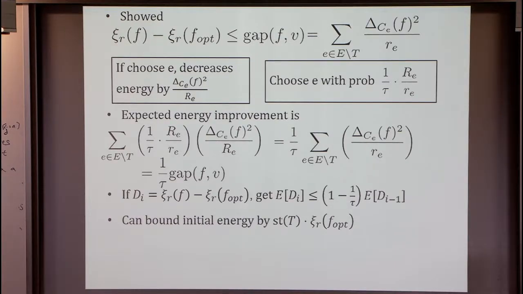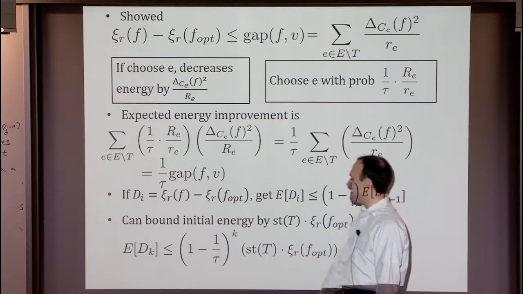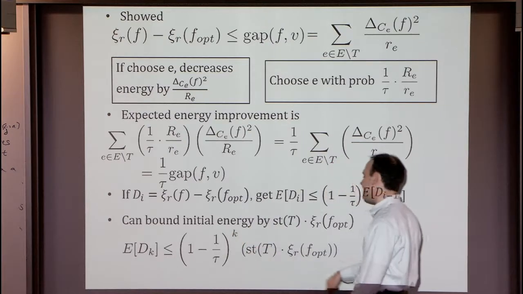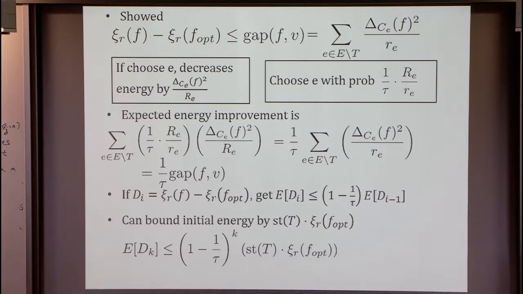So what we'll do is we'll bound the initial energy by the total stretch of the tree times the optimal energy. And that's not too big a deal. You just have to pick a decent starting flow. So here, our shortest path works great. And then the expected distance from the optimal energy is now just going to be, by induction, 1 minus 1 over tau to the k times our starting energy.